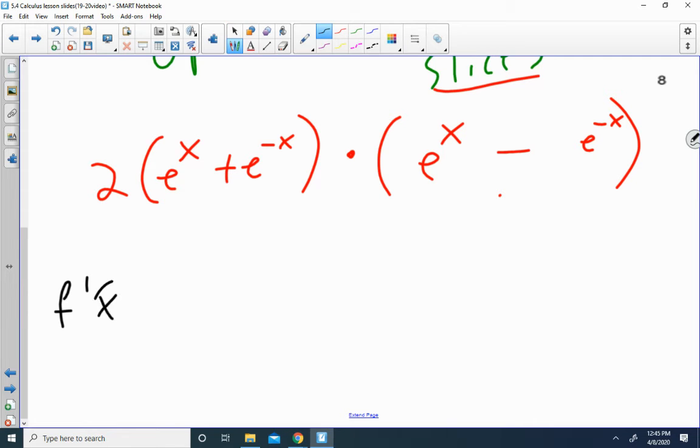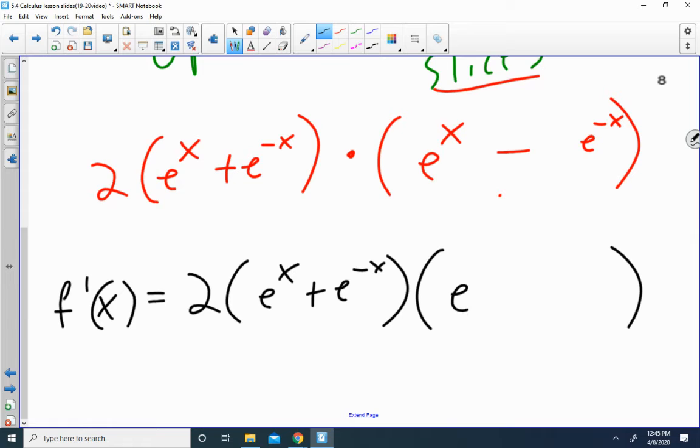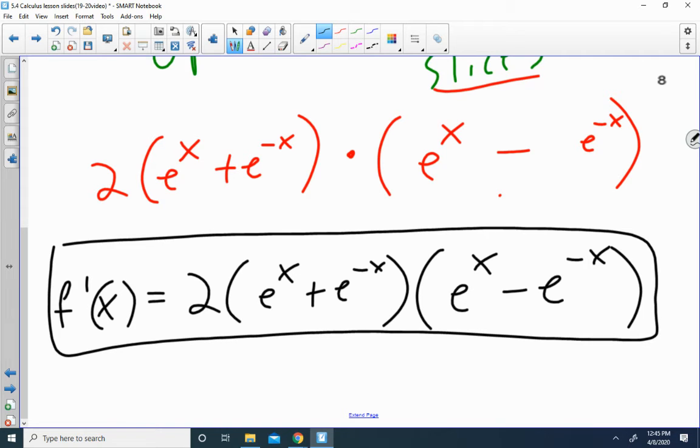Personally, I'm totally okay if you just want to leave it like this. If you want to leave it as e to the x plus e to the negative x and leave it as being multiplied by the second part, I'm totally okay with that. Just leave it as is. It looks yucky as it is. We don't want to make it even more disgusting. So keep it as that, and then we're good.